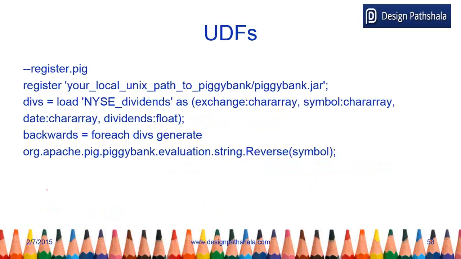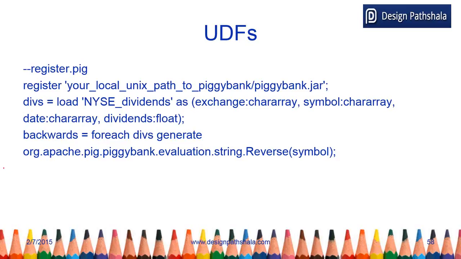And then the last thing, UDFs. You can create a UDF if you want to create your own functions, if you are not satisfied with the functions available to you from Pig. When you create your UDF, you will be creating a JAR. I hope everyone understands now how to create a JAR.